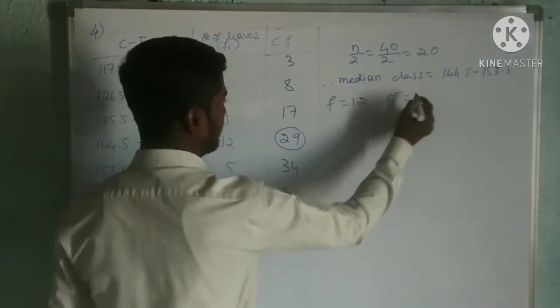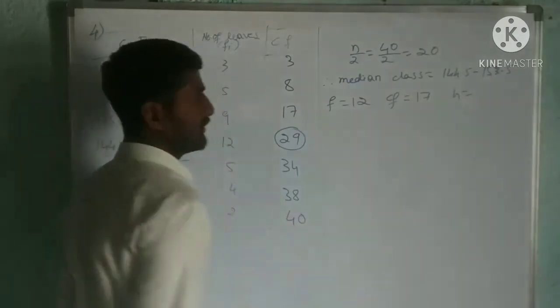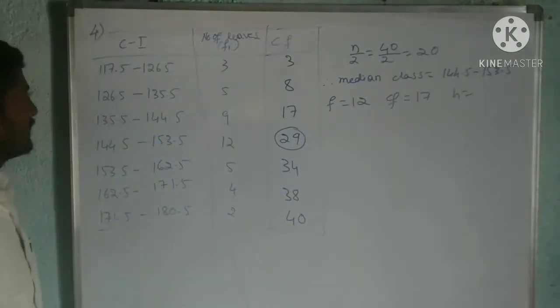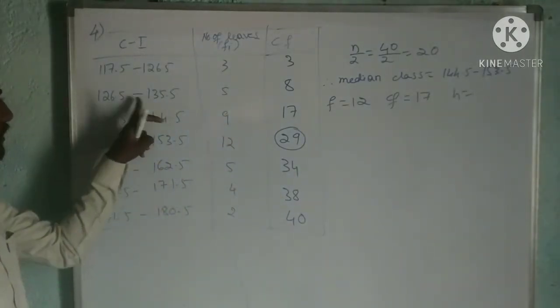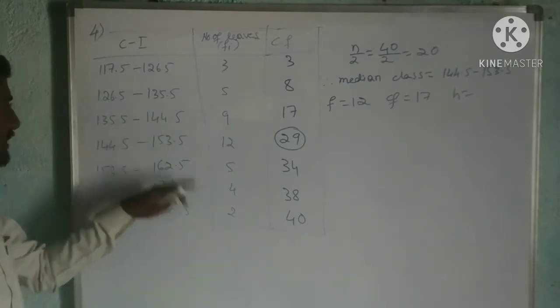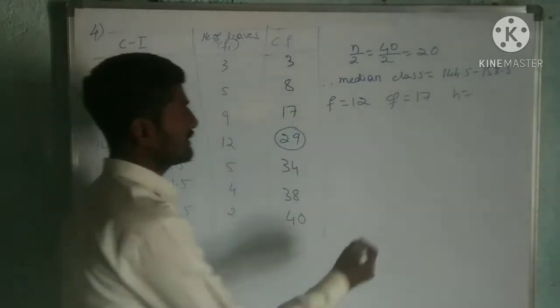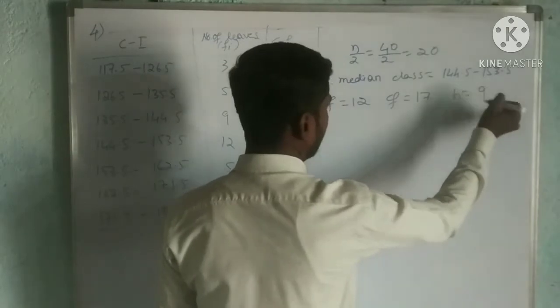Then CF is 17. Then h, the class width. Each difference is 9. You can take 10 also, no problem at all, but each difference is 9, so I will take it as 9 only.